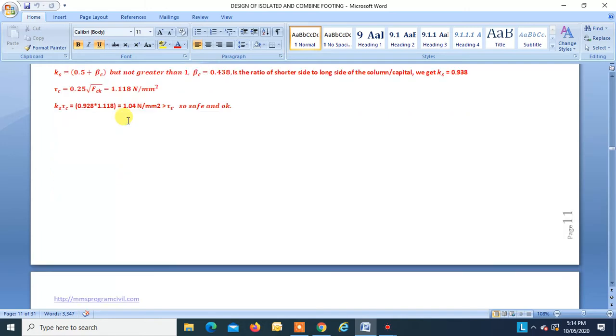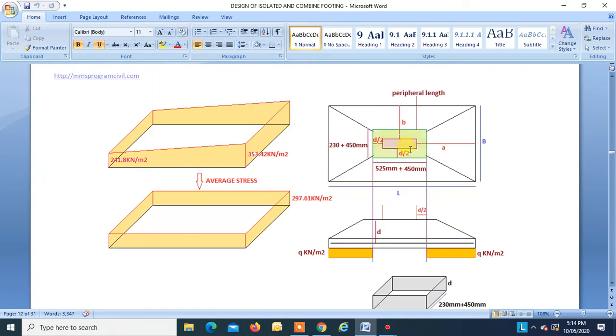This is the column. For finding the punching shear stress, we have to take the section at a distance d by 2. So this is d by 2 on each side, so 525 plus d by 2 plus d by 2, that is d.